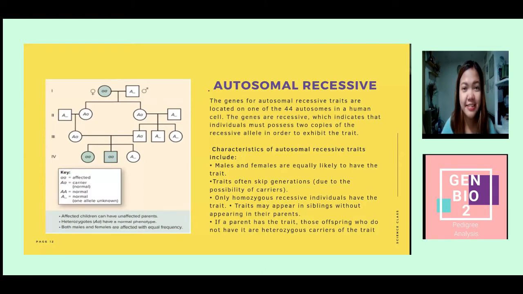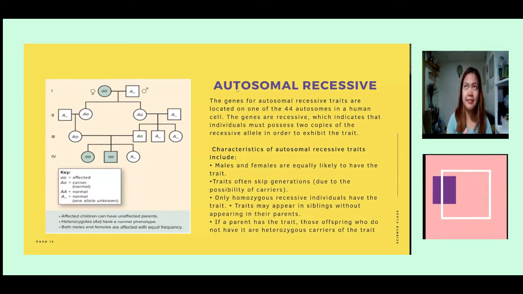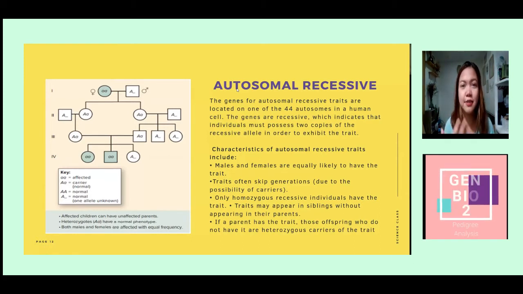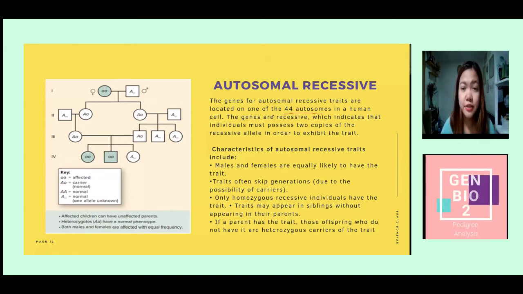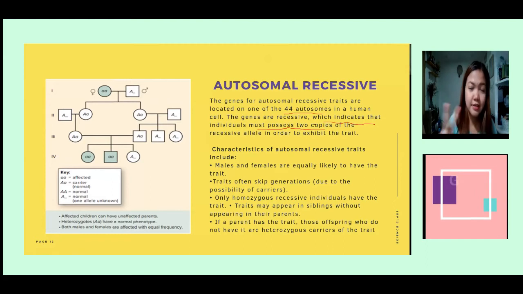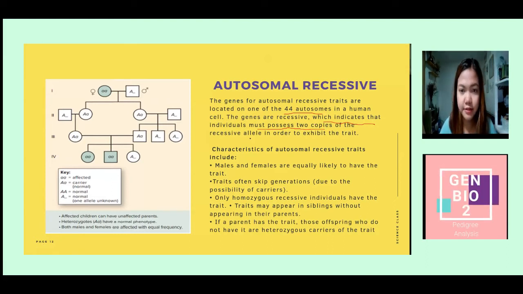Okay, so next is the autosomal recessive. So kung kanina the trait is dominant, here naman the trait is recessive. So the recessive traits are located on one of the 44 autosomes. So since the genes are recessive, it indicates that the individual must possess 2 copies of the recessive allele in order to exhibit the trait.